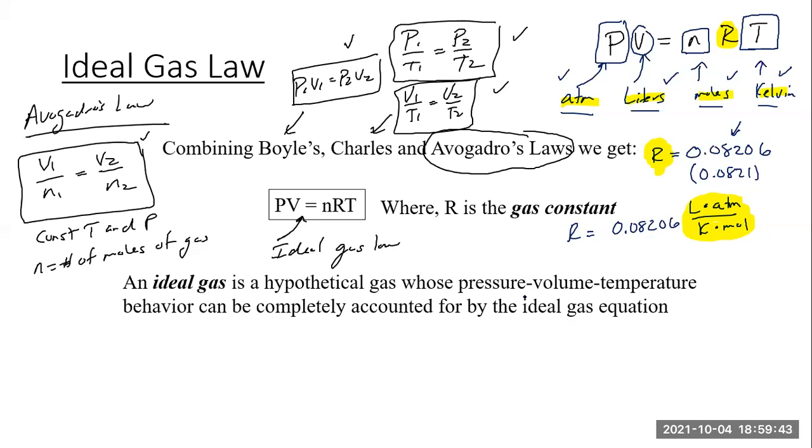We could solve for moles, we could solve for P, we could solve for V, we could solve for T. And again, it is not always given to you in the actual problem that you're doing, so you should always keep in the back of your mind, if you have everything but R, that is a value that you always have available to you.